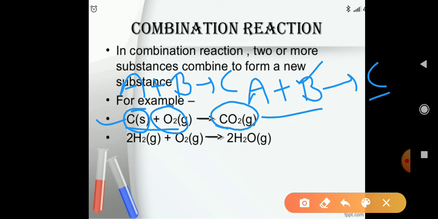This type of reaction is called combination reaction. One more example is 2H2 plus O2 gives 2H2O. Hydrogen and oxygen, two reactants, combine to give a single product. So this is a combination reaction.